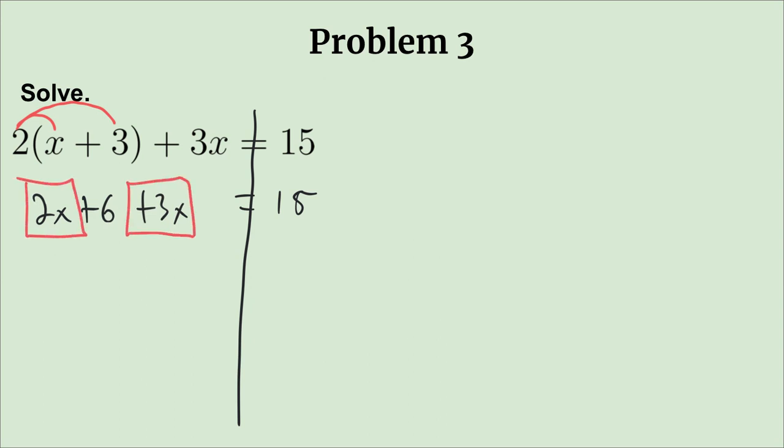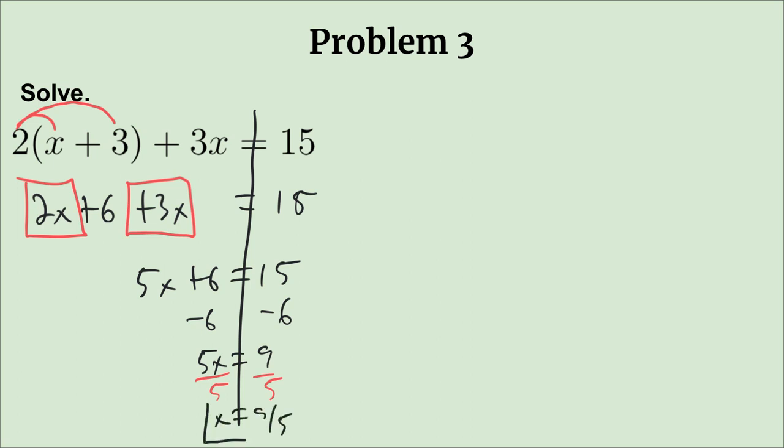We can add that 2x to the 3x, and we'll get 5x plus 6 equals 15. Subtract 6 from both sides. 5x equals 9. Divide both sides by 5. X equals 9/5.